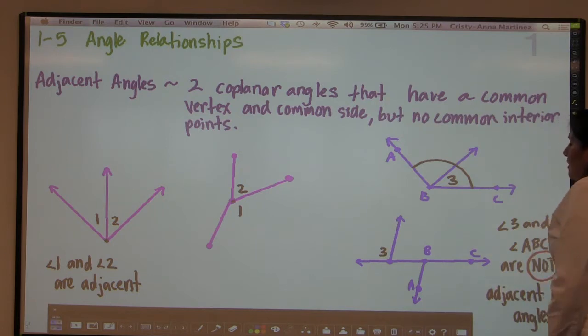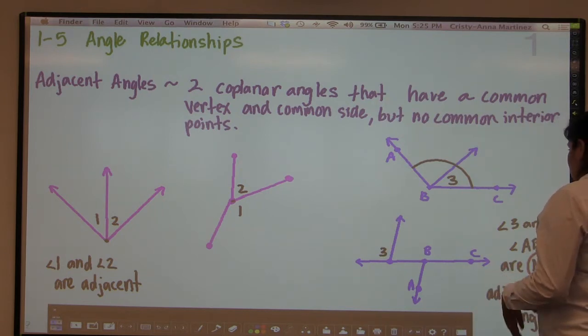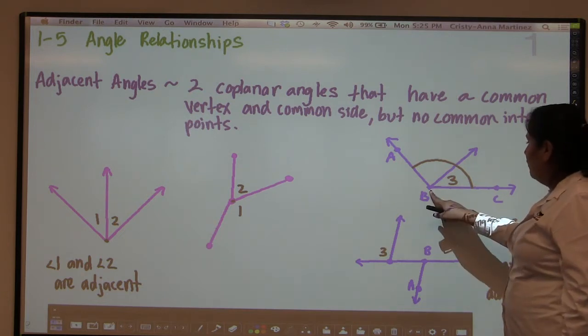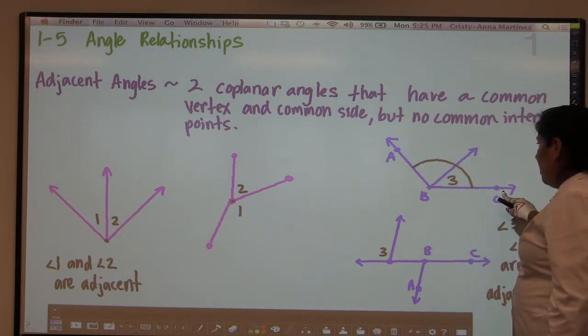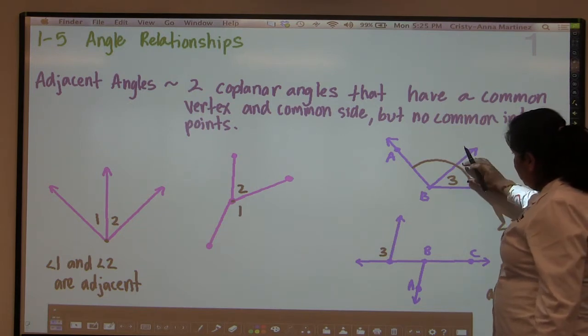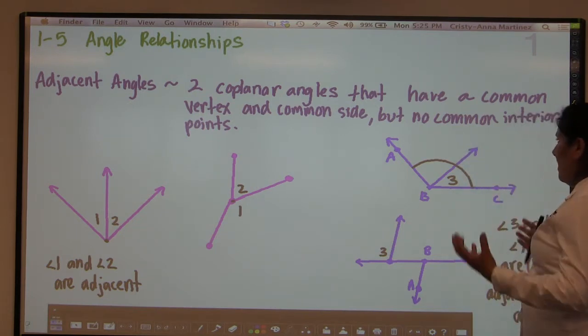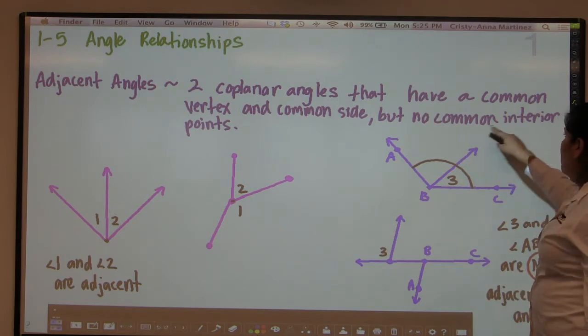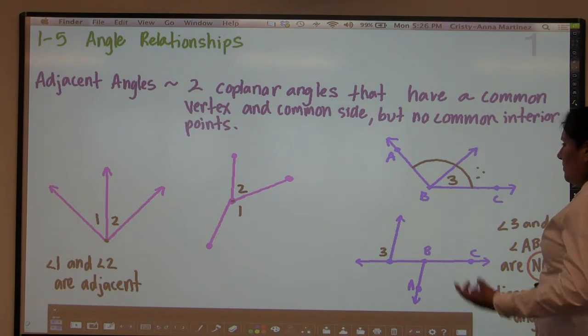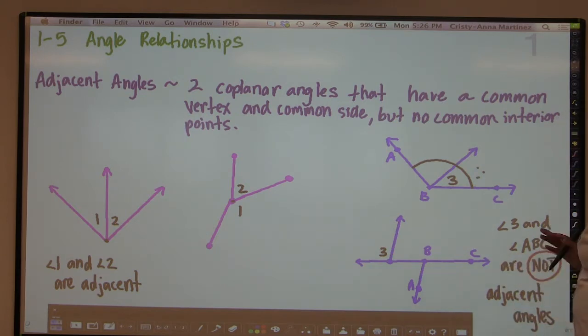Angle ABC and angle 3 are not adjacent because, while they do have a common vertex and share BC as a common side, all of the space in between is overlap between the two angles, and we can't have any common interior points. Any point here would be common to both angles, so that's why that fails.